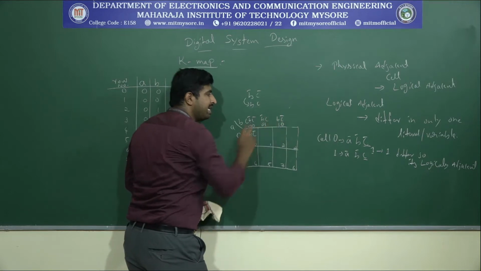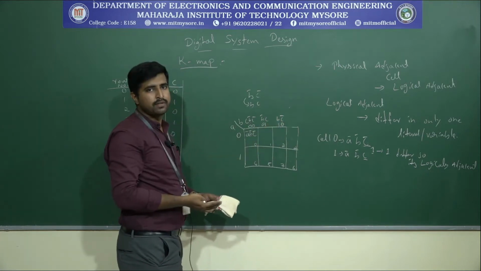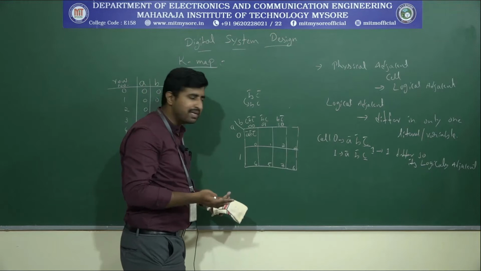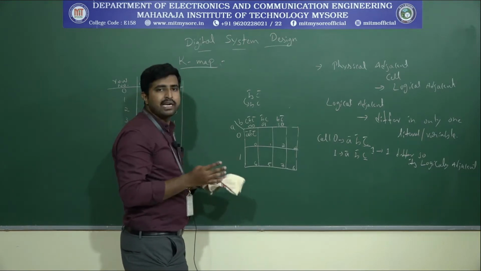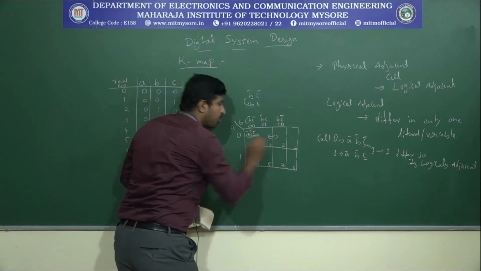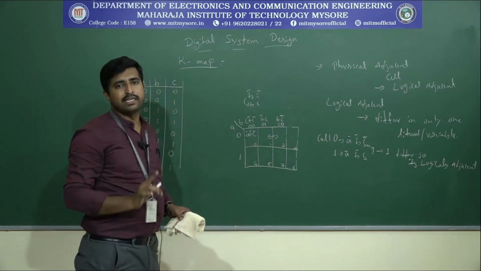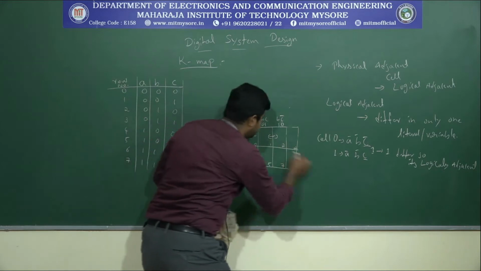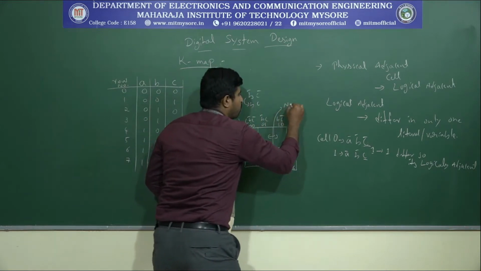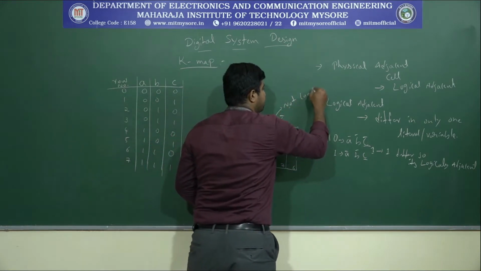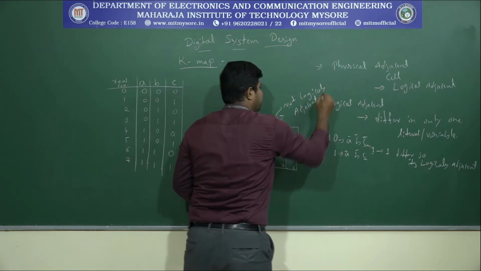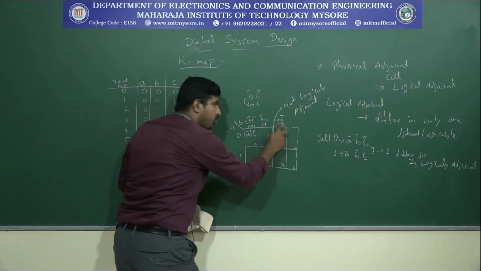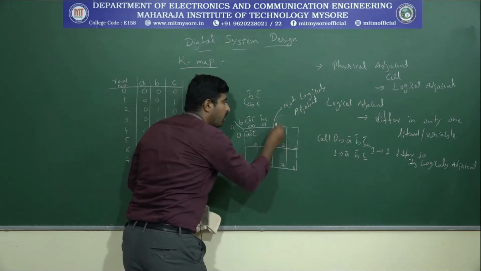Both the literals have made a transition. So both literals having a transition means the difference will be 2. When both literals differ, these two are not logically adjacent. That's why we are going to write 1 1 here.